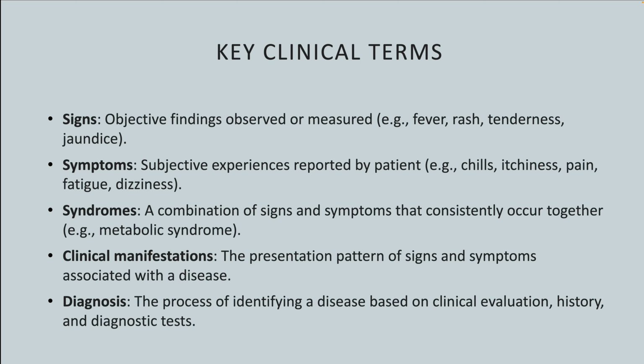Okay, metabolic syndrome is a great example that is at the center of the pathophysiology of many chronic conditions. Now, all these signs and symptoms or syndromes are the ones that we are going to be studying as the clinical manifestations of diseases. For every disease, we are going to represent in our minds a pattern of how they present.